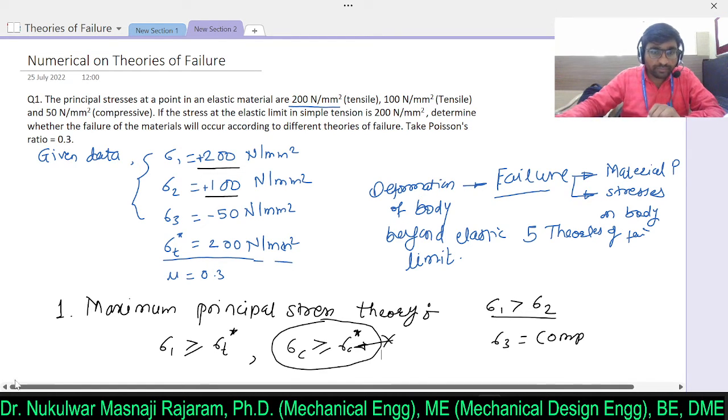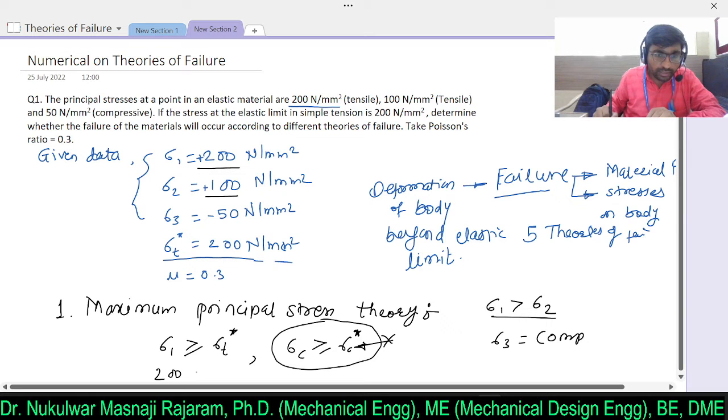However, we can check the first condition. Sigma 1 is 200 and it is equal to sigma t star, which is again 200. So from this can we say the material fails?